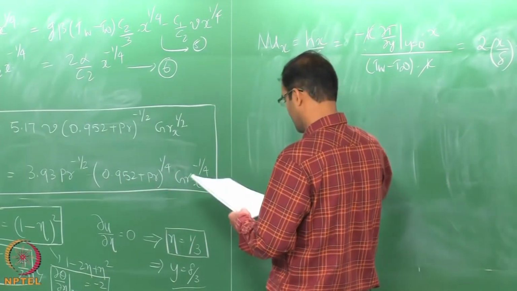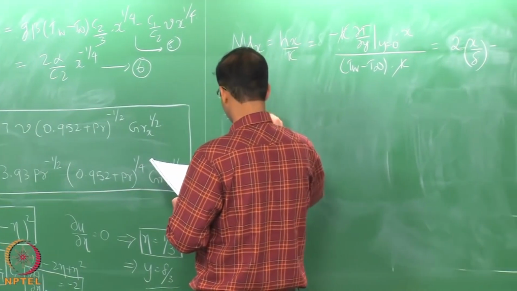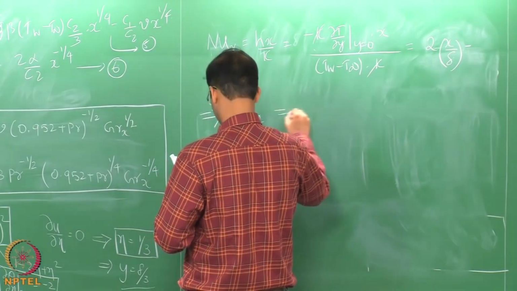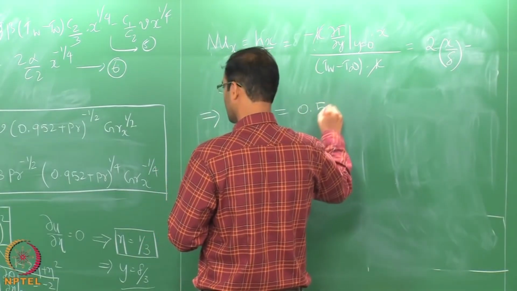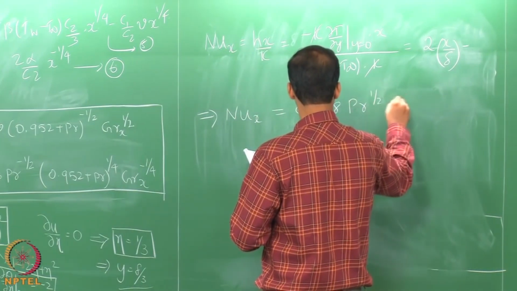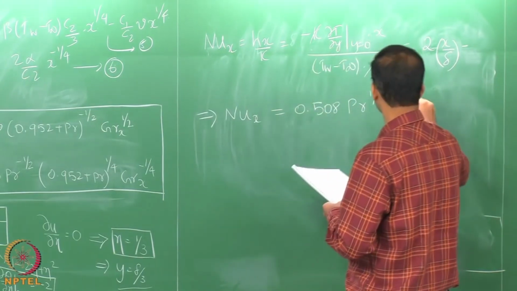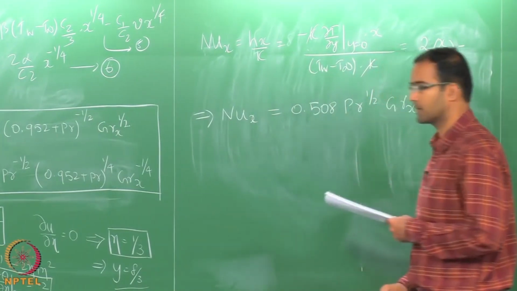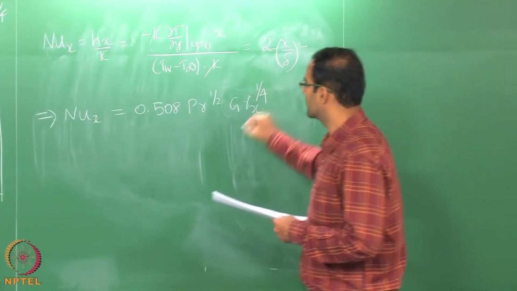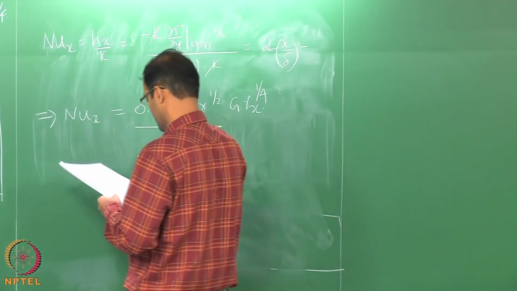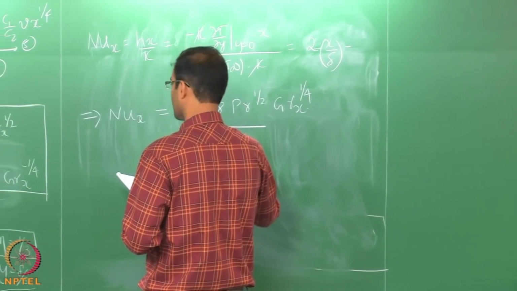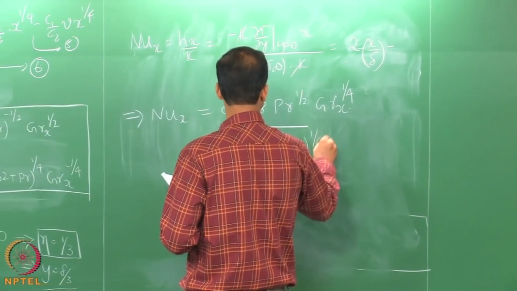So therefore we can write the final expression as 0.508 Prandtl number to the power half. What will be Grashof number to the power? 1 by 4, divided by 0.952 plus Pr raised to the power 1 by 4.